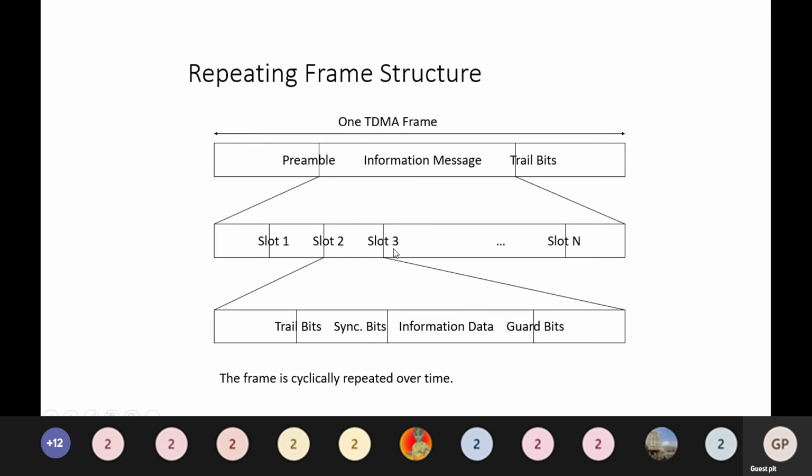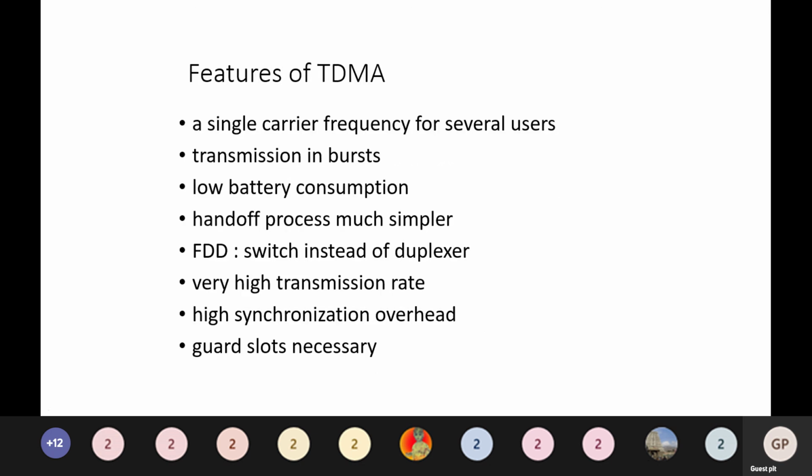The features of TDMA: it uses a single carrier frequency for several users. Transmission is in bursts, so there is low battery consumption.